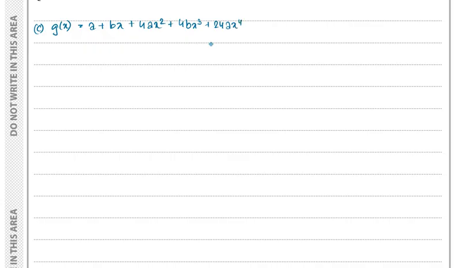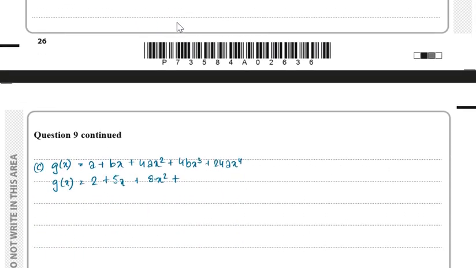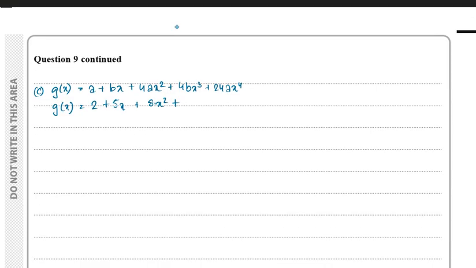So gx would be a, which we know to be 2, plus b is 5x, plus 4 multiplied by 2 is 8, so this would be 8x squared, and 4 and b, we know it's 5, so 4 times 5 is 20x cubed plus 24, a is equal to 2, so 24 multiplied by 2 is 48x to the power 4.